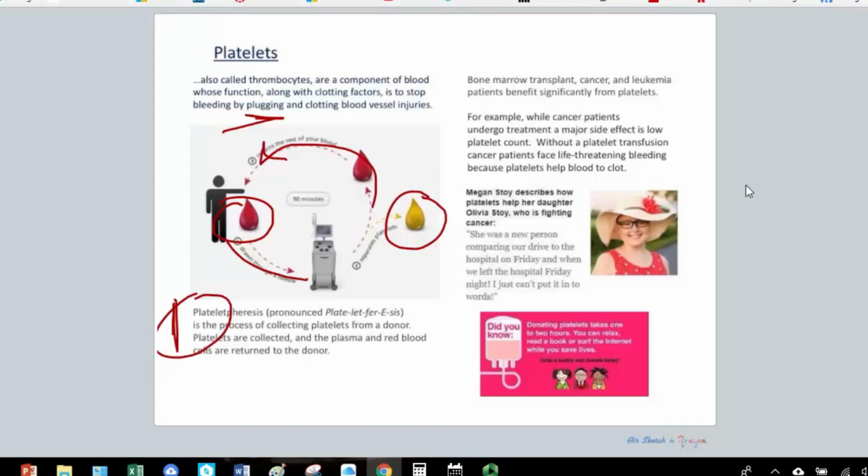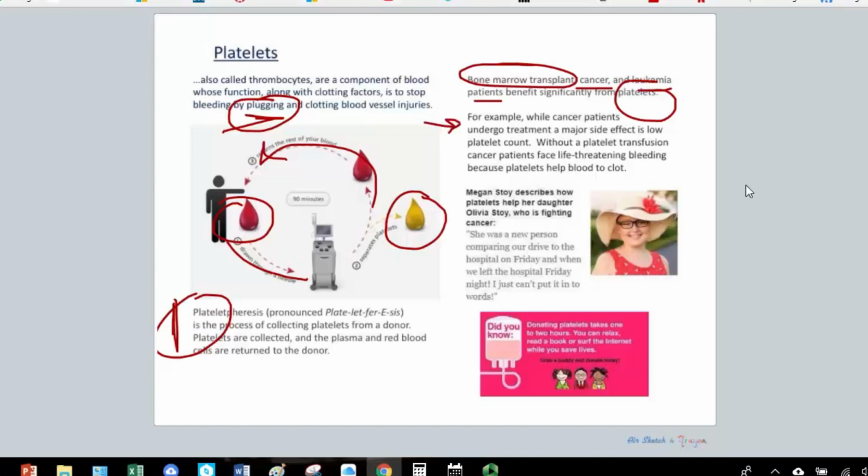So why are platelets important? Again, they're involved in forming a platelet plug. People who have undergone a bone marrow transplant, cancer patients, leukemia patients, all benefit significantly from platelets.